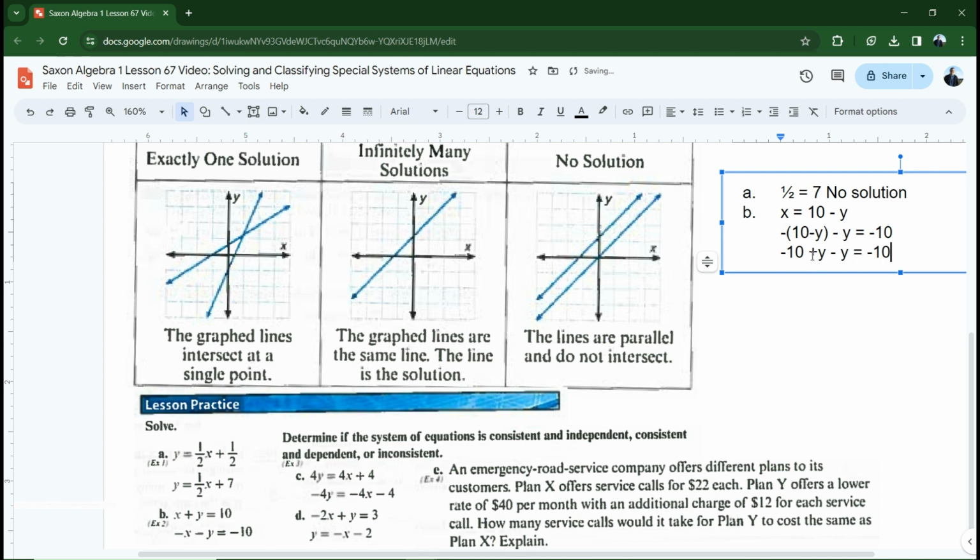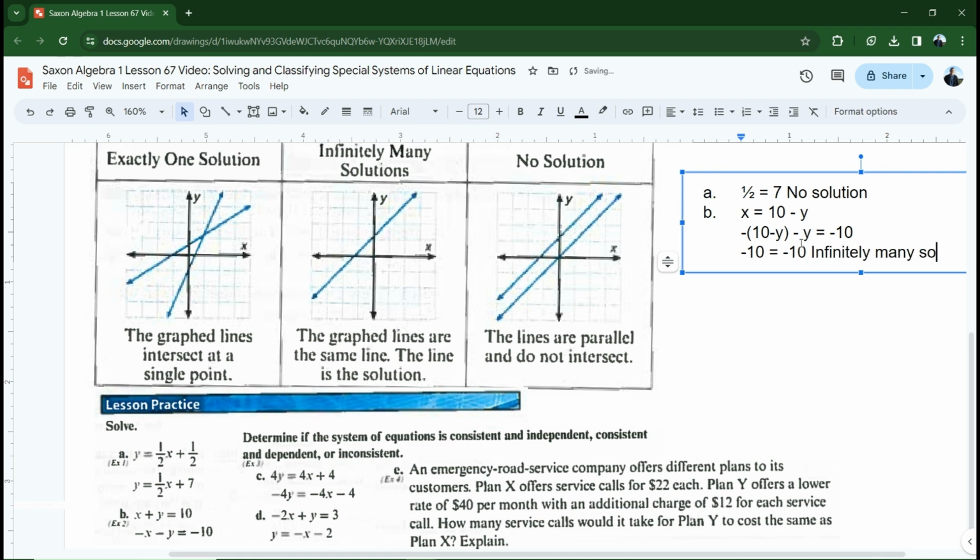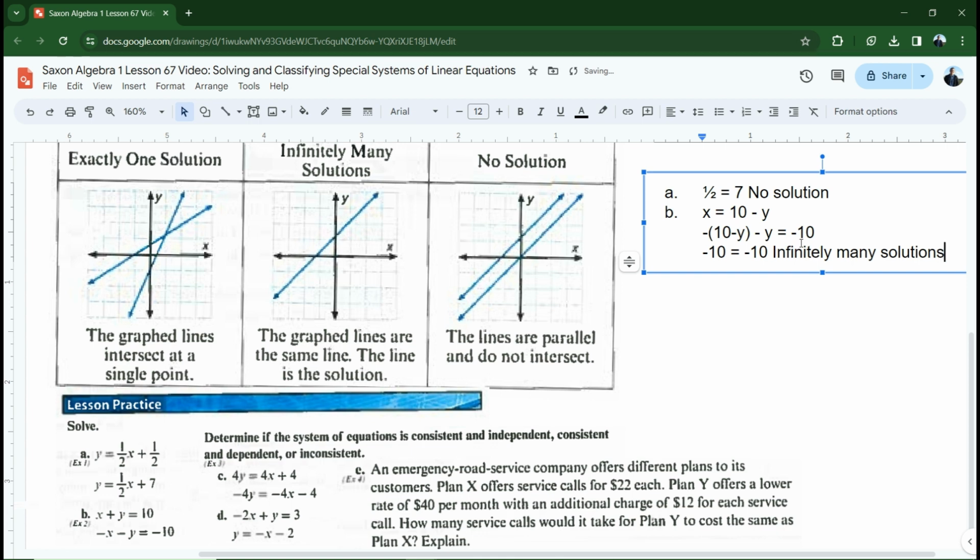Now, notice I have plus y and minus y on the same side of this equation. I'm going to simplify by getting rid of plus y minus y. That's just 0. I get negative 10 equals negative 10. Anytime I get a number equal to itself, that proves that anything is a solution. So the solution is there are infinitely many solutions for this one.